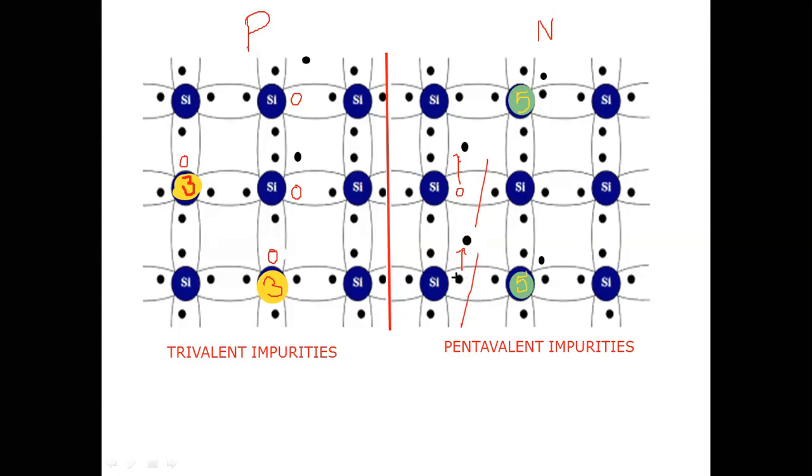This vacant space I call a hole. There is a vacant space which is left behind and I call this a hole. And I will represent the hole here. So what is happening here?